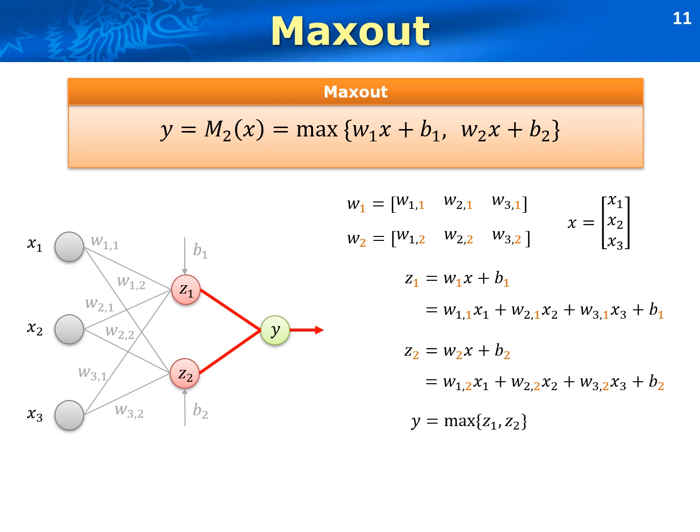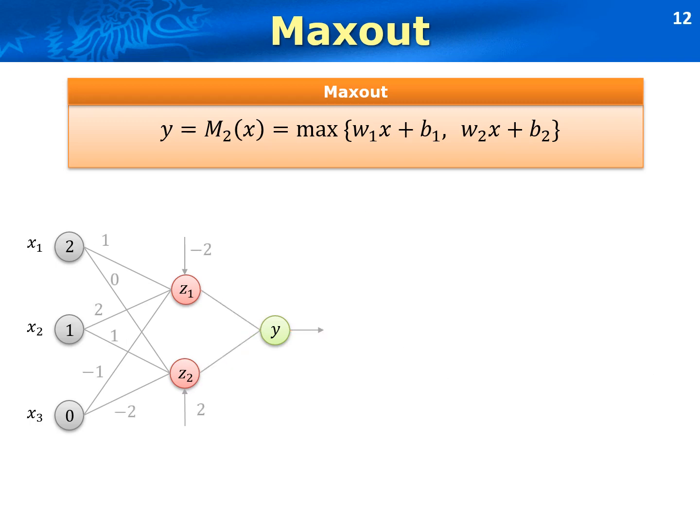Now let's look at a concrete example where the input x and the learned weights and biases are given as follows. Then, to obtain the result of maxout, we write w1 as a row vector 1, 2, minus 1, and w2 as a row vector 0, 1, minus 2. The input x is a column vector 2, 1, 0.